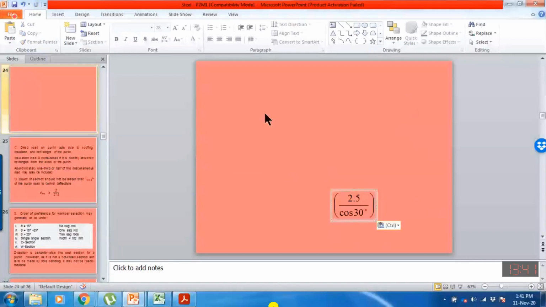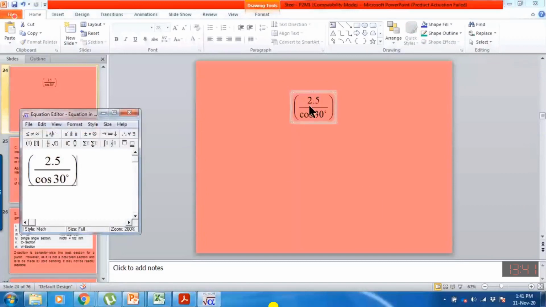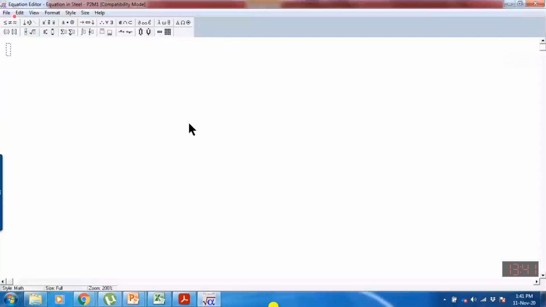Actually, what I want to explain here is the basic design equation. I told you the basic design equation means Rn should be less than or equal to... Ru.